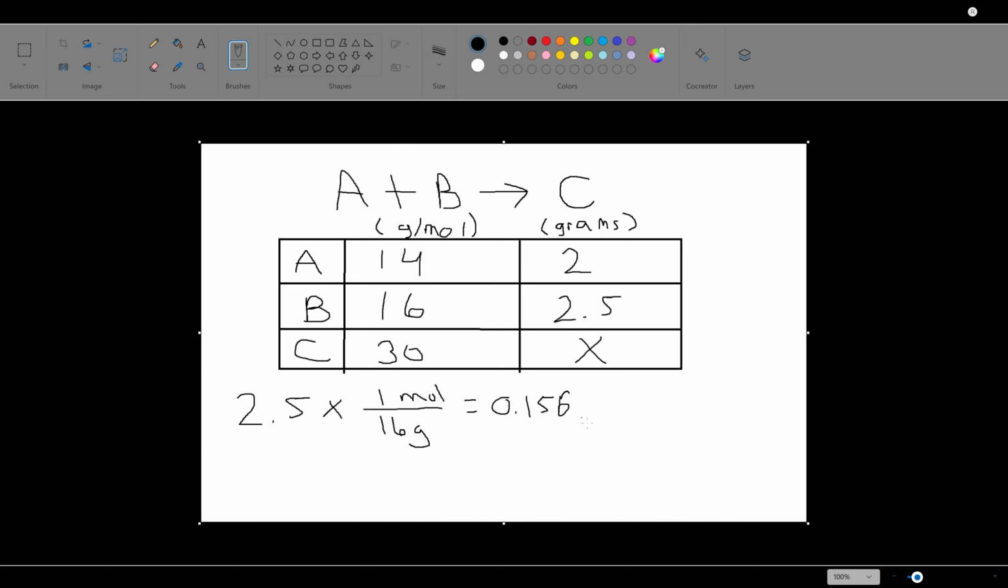And now what we need to do is convert it to moles, but it's still 1 to 1. So, I mean, you don't really have to do it since 1 divided by 1, or 1 times 1 is just 1. So, the mole is still the same.